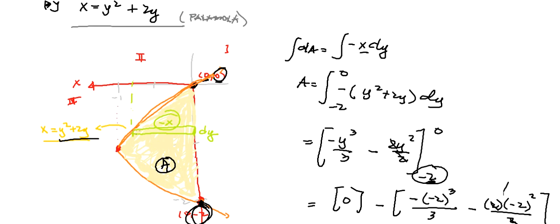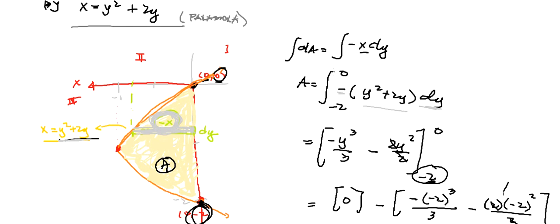And then we take some strip to represent our rectangle, whose side here is equal to negative x, and we can get the value of this negative x using the equation here. That's why we have y squared plus 2y with a negative sign here, and then our dy, so that we can have the area of this strip.